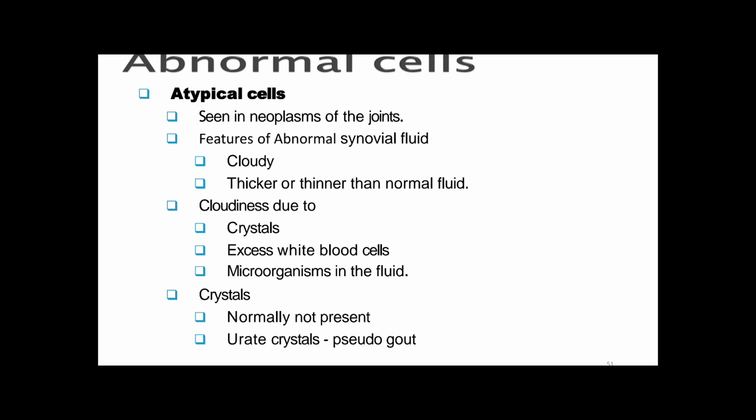So when we consider the synovial fluid during a neoplasm, it is cloudy, thicker or thinner than the normal fluid. When we compare normal and abnormal, the synovial fluid is cloudy and sometimes may be thicker or thinner compared with the normal one, right?